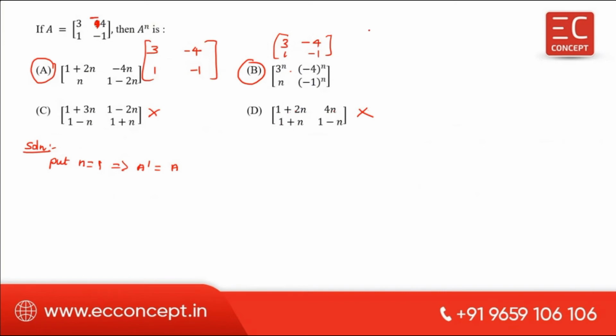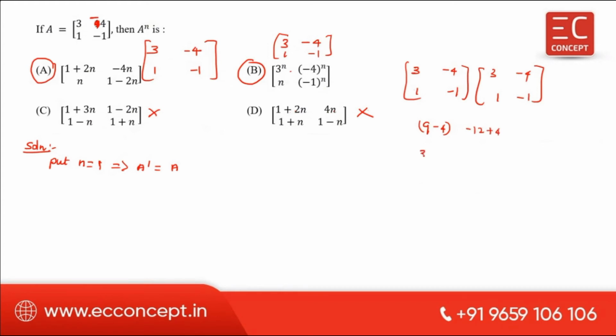Now if you put n equal to 2, first of all you have to calculate A squared. A squared is [3, -4; 1, -1] times [3, -4; 1, -1]. If you simplify, 3 into 3 is 9 minus 4. Now 3 into minus 4, minus 12 plus 4.